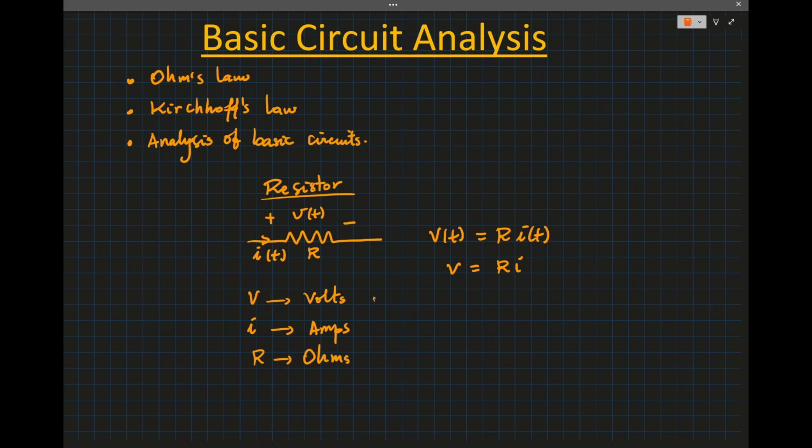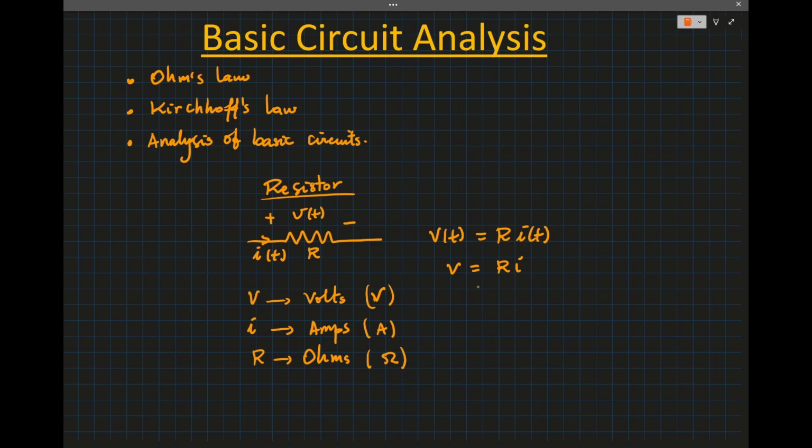So the symbol is V for voltage, A for current, and the symbol is ohms for the resistor.